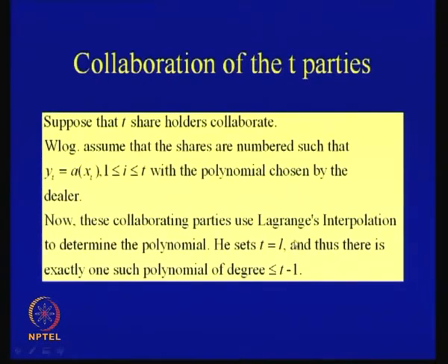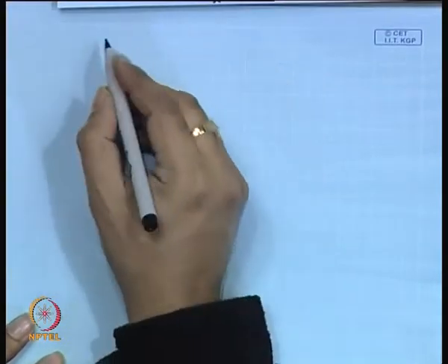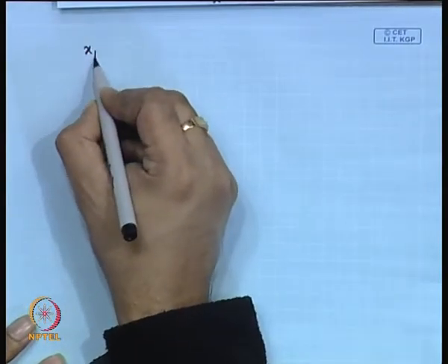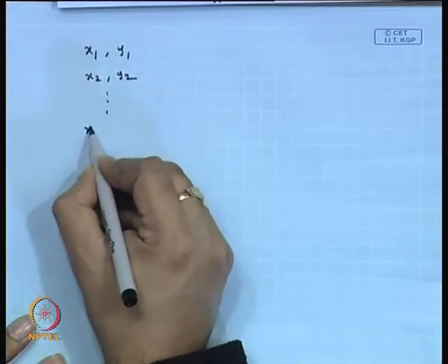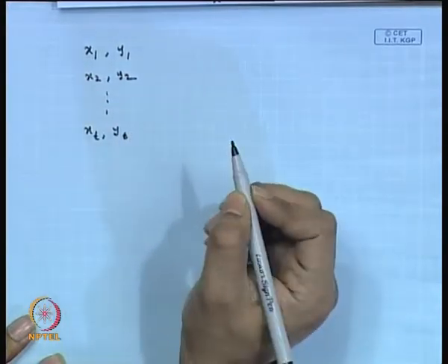The objective is to deduce the constant term of the polynomial, but for that we first need to compute back the polynomial, because what the collaborating parties have is only the shares: x1, y1, x2, y2 and so on till xt, yt.